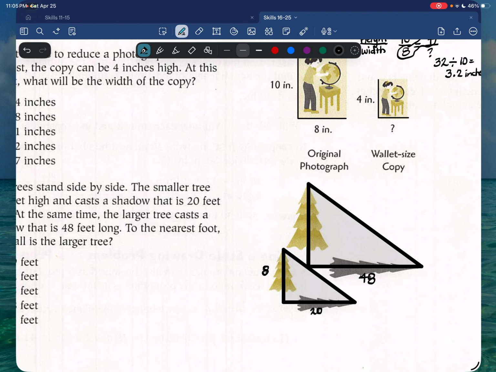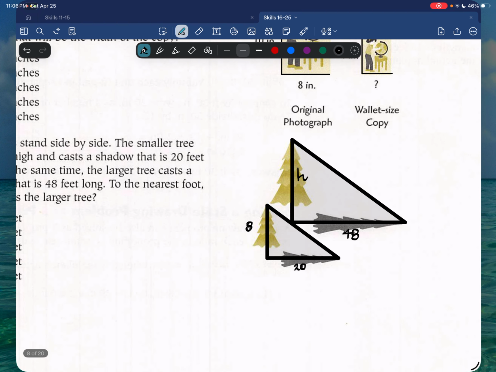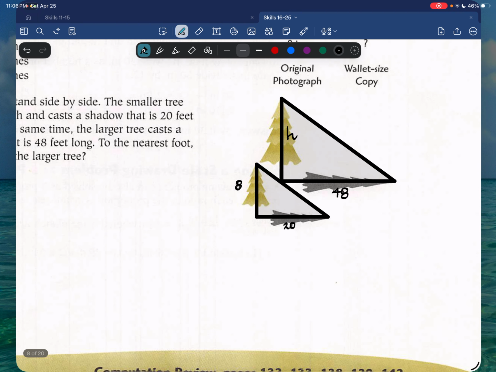here are the dimensions. And we are looking for the mama's height, the height of that larger tree. So the proportion is here. We have 8 over 20 and h over 48. If you want to set them up, this is baby.